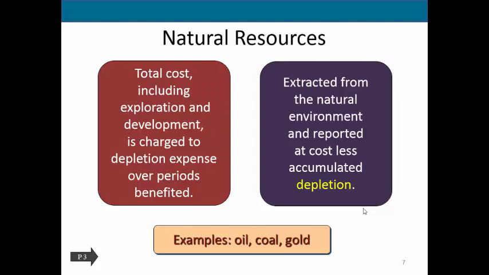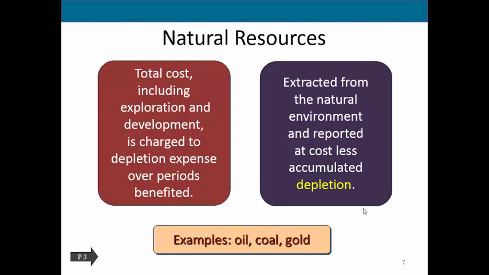We use depletion when we are extracting some type of natural element from the earth. So this could be examples of oil, coal, gold. If you're in some type of forestry company, as you cut down the plants in the forest, you would be depleting that natural resource.